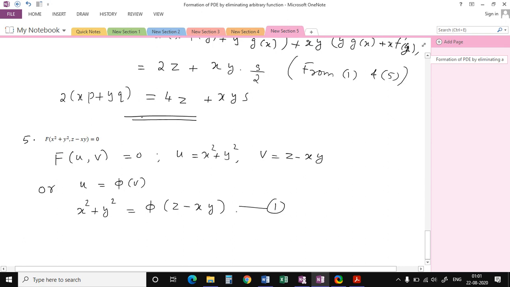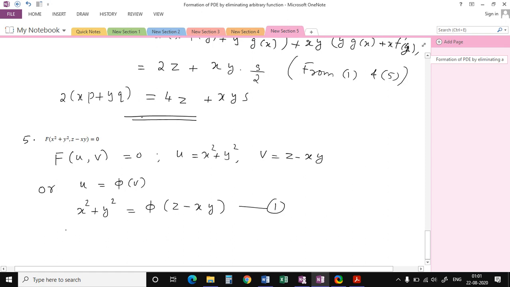So now you see equation number 1, it is an equation which contains one arbitrary function. So then we can apply the same method which we have used in all other problems, so that we will differentiate equation number 1 partially with respect to x and y. Since it contains only one arbitrary function, the resultant PDE will be of first order. Therefore, it is enough to find out p and q.